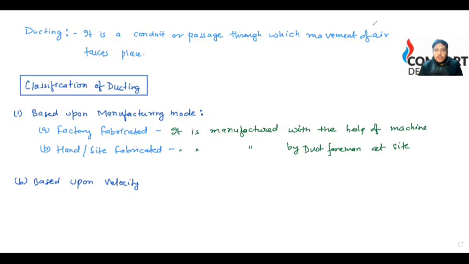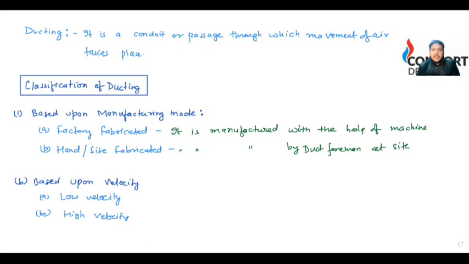If you talk about velocity, we have number one, low velocity, and number two, high velocity. So this low velocity, what is the velocity of air that we are talking about?